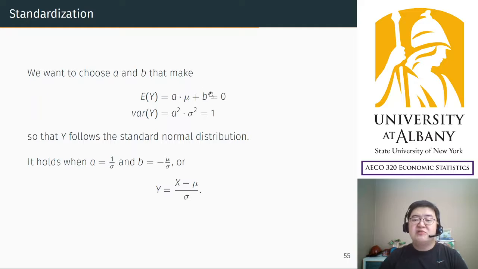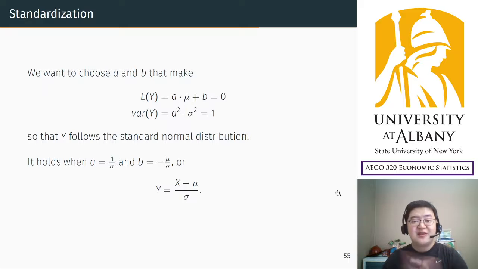A mu plus B must be 0, and we know A equals 1 over sigma. Therefore, B is minus mu over sigma, so that both cancel out and equal 0. In the end, the linear transformation takes this form: Y is x minus mu over sigma.